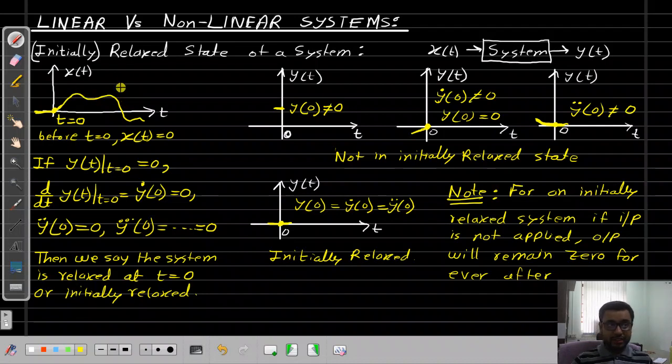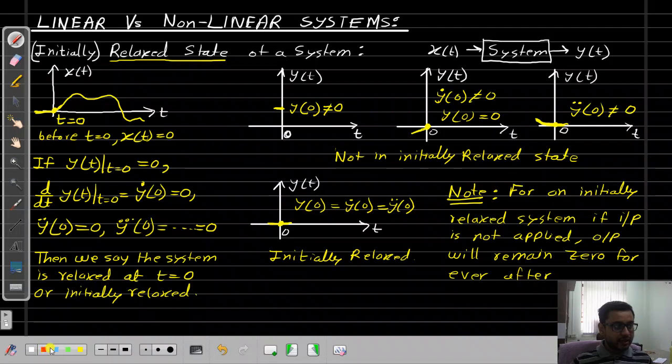Such a situation is called relaxed state or initially relaxed state. Please note that this is not a special category of system. This is a state of any system.